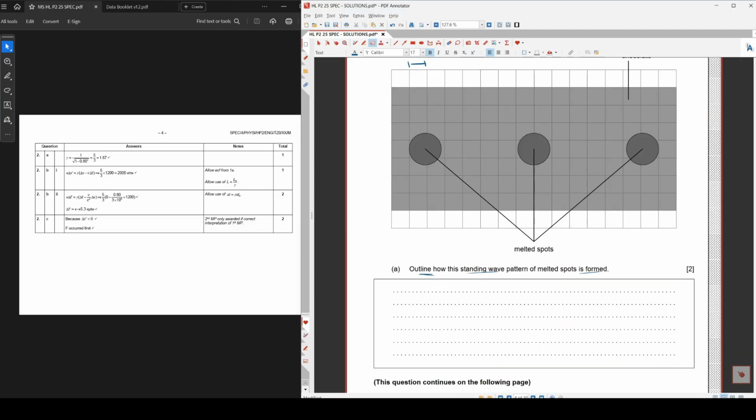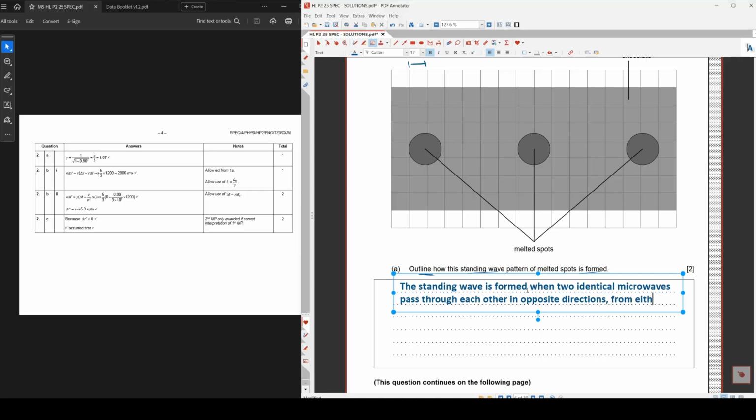Let's keep going. We can write something like: the standing wave is formed when two identical microwaves pass through each other in opposite directions from either wall of the microwave. Okay, so that's how it's formed. Then I want to make sure I address the melted spots. There are points on the wave where there is always constructive interference.